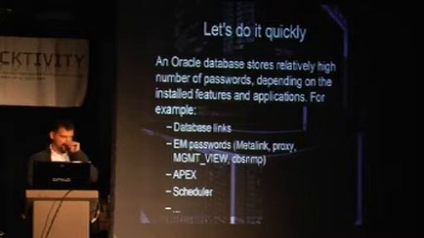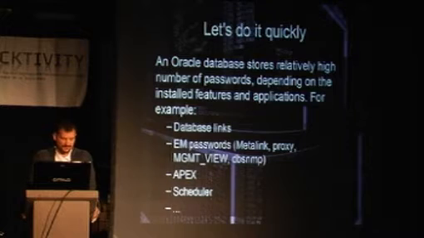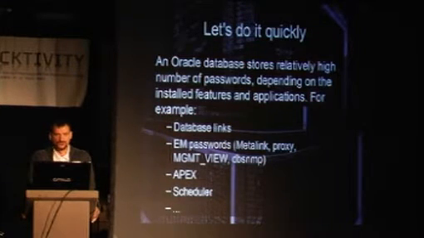So this is the neuralgic point. In an Oracle database, a lot of passwords are stored so Oracle can communicate with others. These passwords are needed by Oracle, but obviously they are encrypted. These are the database links that are encrypted.